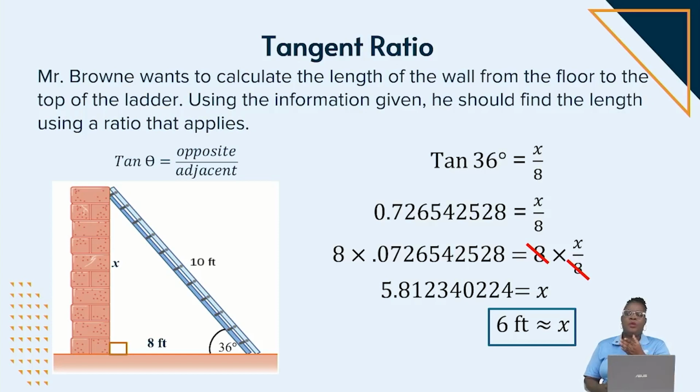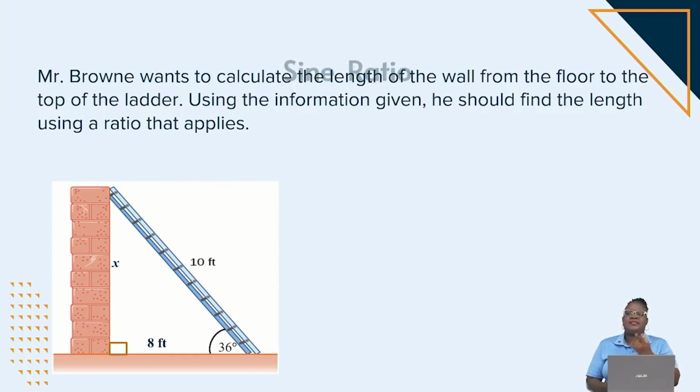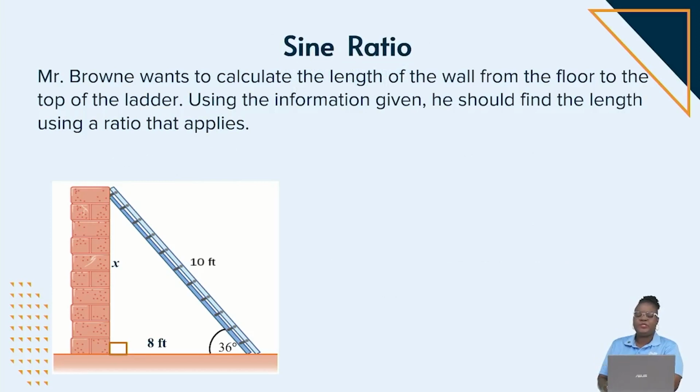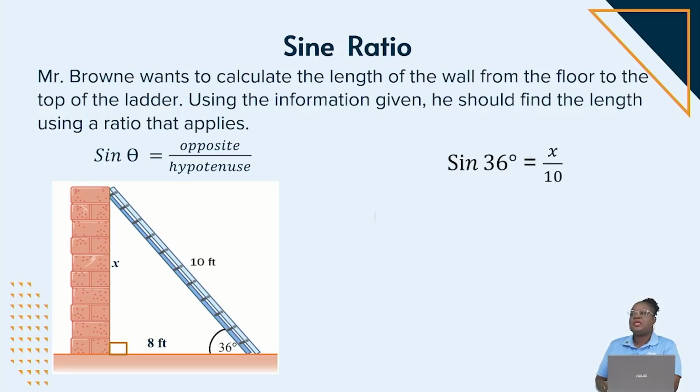But remember, we also have the hypotenuse. Which ratio uses the hypotenuse? We can also use our sine ratio, and we substitute the same way. Sine is opposite divided by hypotenuse, so sine of angle 36 degrees is equal to x divided by 10, which is 0.5877852.